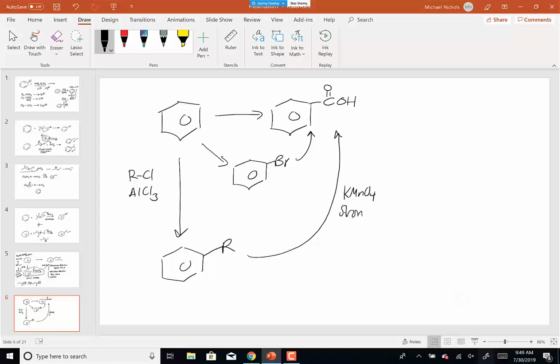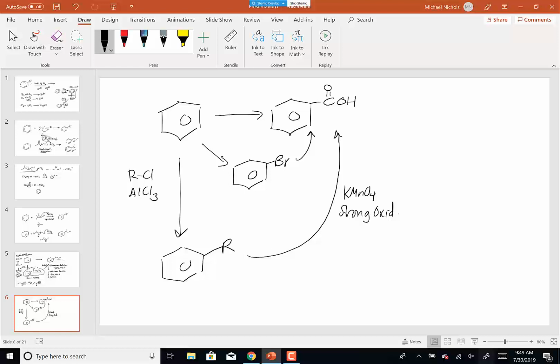The most common of which is KMnO4. And for those of you in lab, that's what we're going to do tomorrow. We're going to take one of our methyl groups that's attached to the benzene ring, and we're going to use KMnO4 and oxidize it to a carboxylic acid.